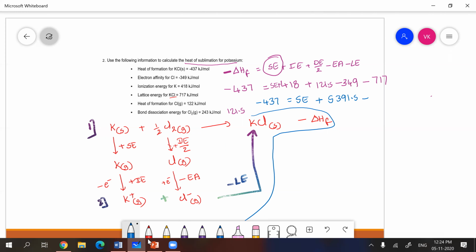Now simplify this, and finally you are going to get the sublimation energy.